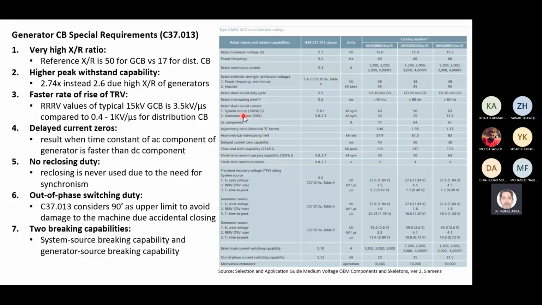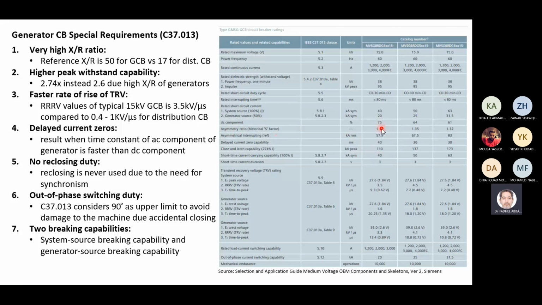Now this is very important: the rated short circuit current. The rated short circuit current is 40 kiloamperes, 40 symmetric. This is the symmetrical current component. We also have a DC component. The percent DC component included in the rating is 75%. The asymmetrical ratio, the S factor, here is 1.47.